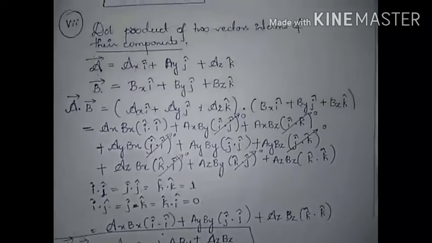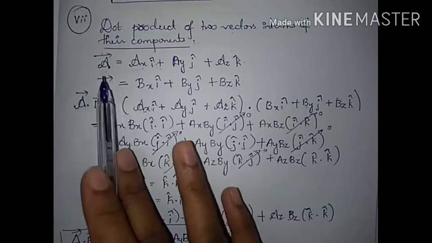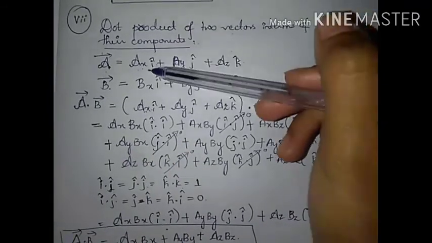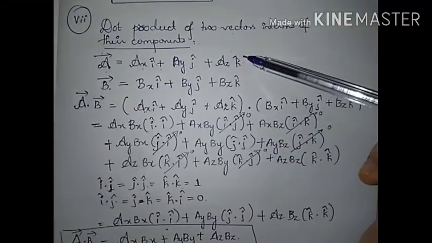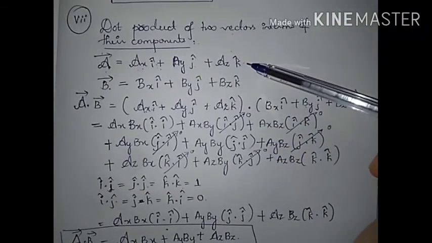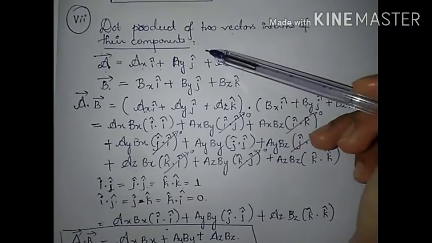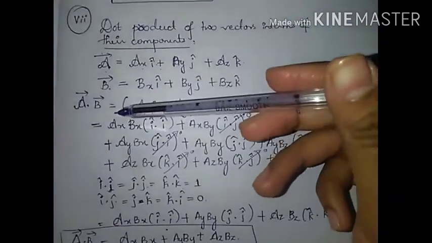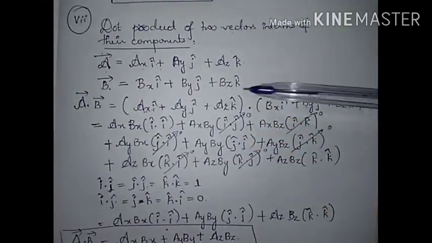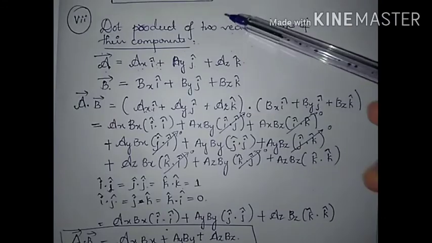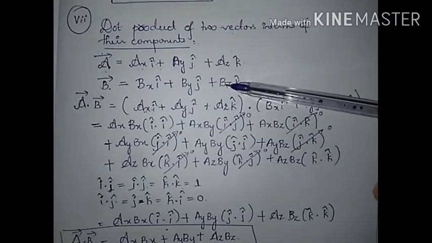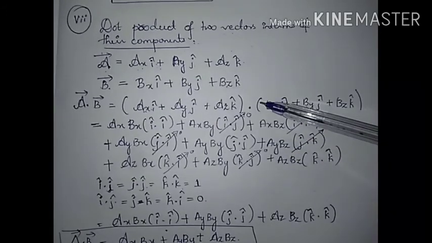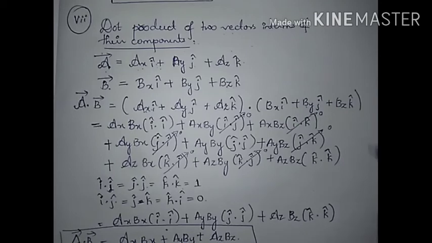In this property, what we have done is we have taken two vectors and written the components of these two vectors along the x-axis, y-axis and z-axis. Then we have simply taken A dot B. A dot B can be written as AB cos theta, but since here we have written the components, we need not take cos theta. So this term needs to be multiplied by this term.